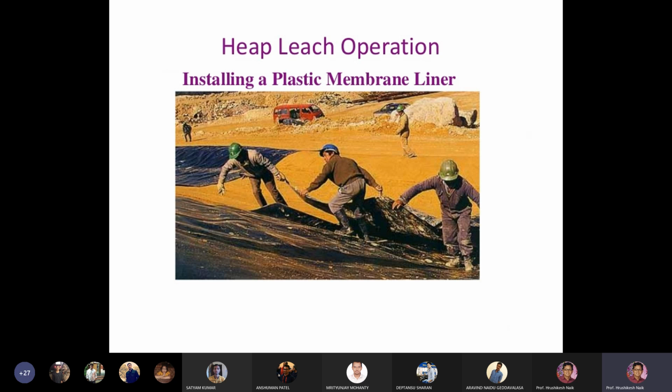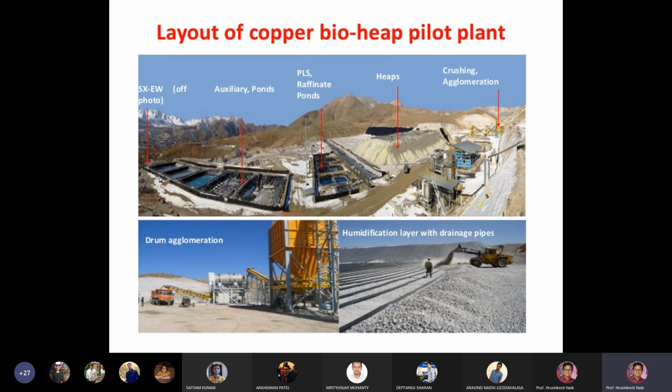So this heap of minerals, a heap leach operation installing a plastic membrane liner, is also used for leaching purposes. The layout of a copper bioheap pilot plant. This is a layout of a copper bioheap pilot plant.